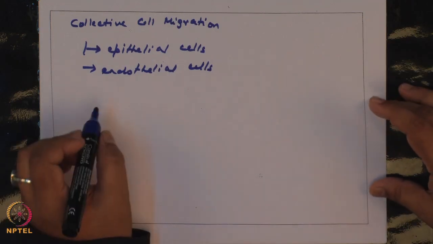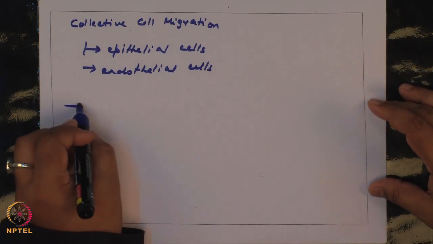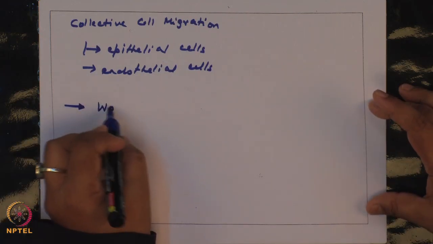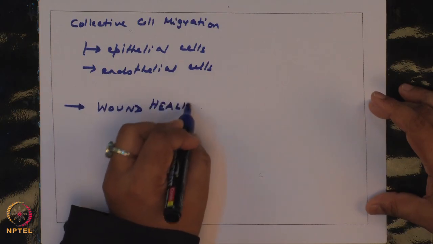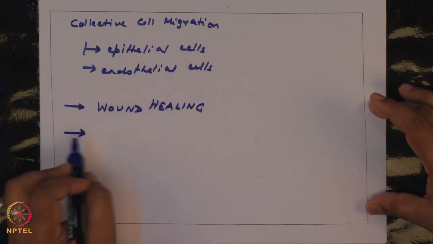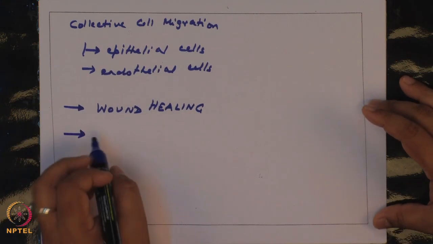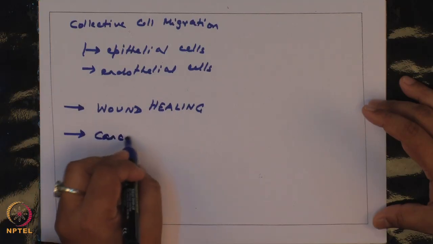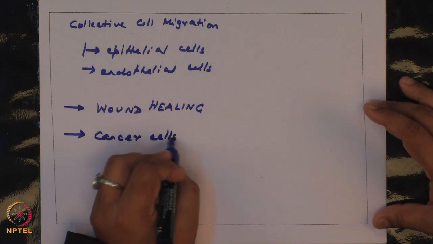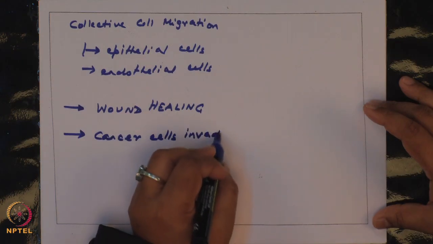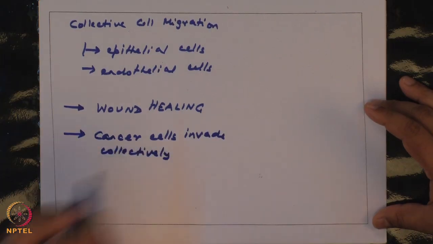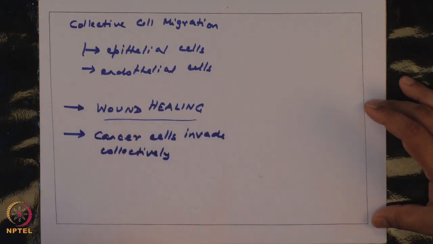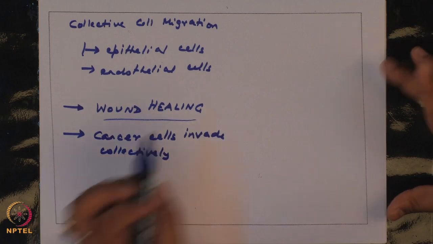Collective cell migration is applicable to, let us say, wound healing, or even to pathological processes where cancer cells invade collectively. We will focus more on wound healing. So, what is wound healing?